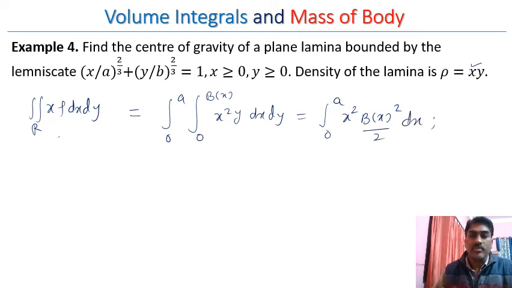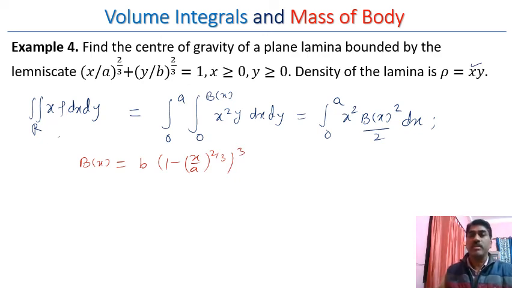And what is bx square? This is the square of the upper limit, and from the previous part we know that the upper limit was b times (1 minus (x by a) to the power 2 by 3) whole power 3. So this is our bx.